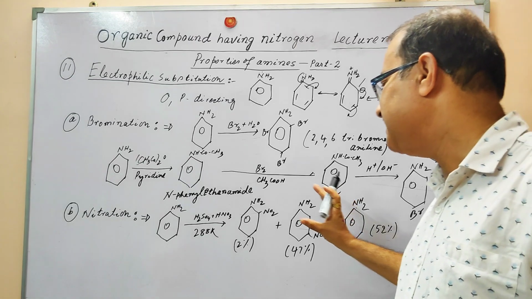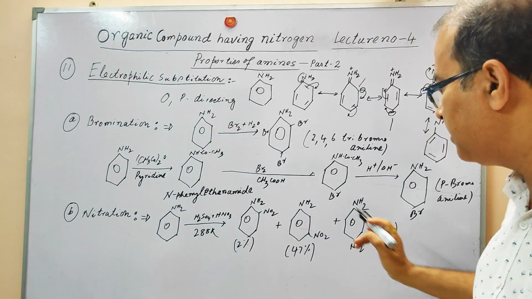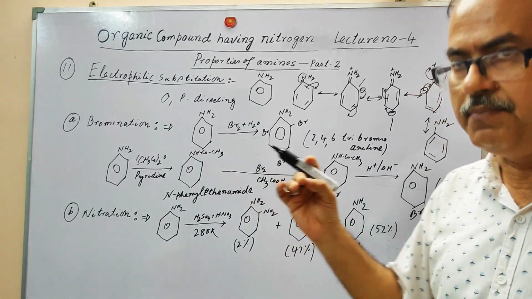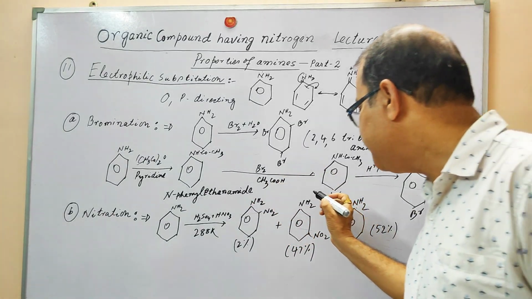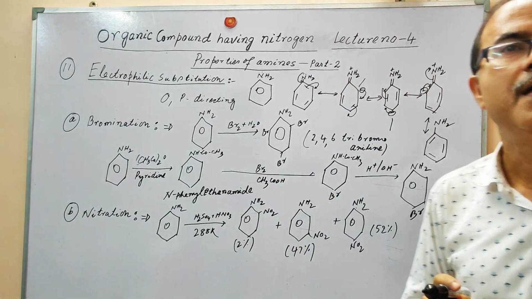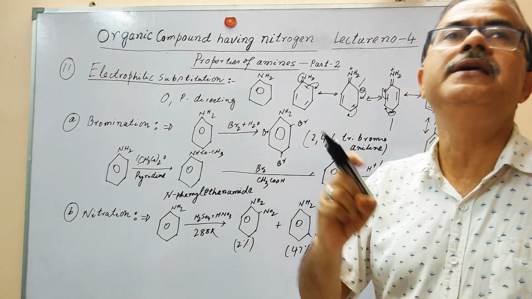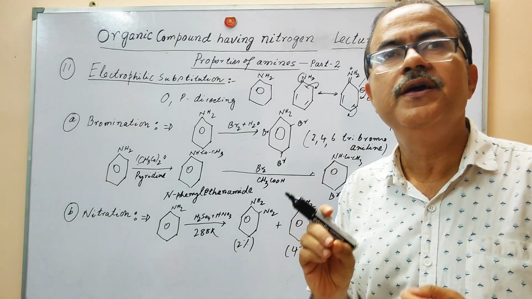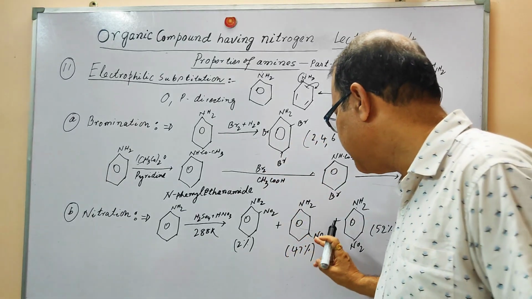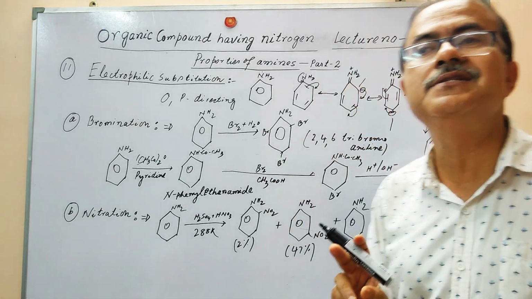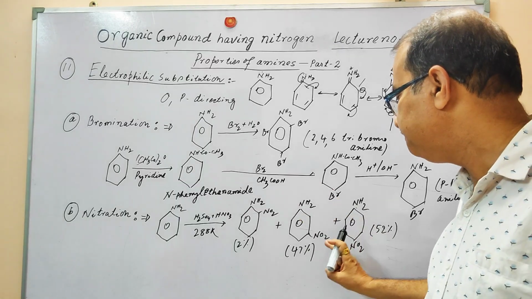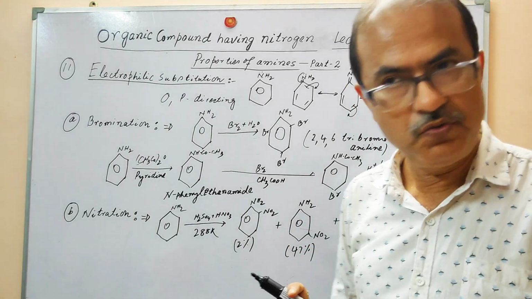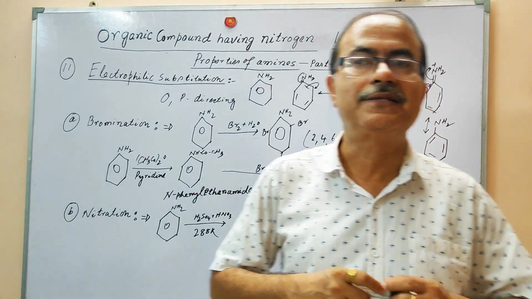Because of this, at high acid concentration the amino group is transformed into the anilinium ion. With the positive charge it becomes highly electron withdrawing, so this group is meta-directing, and at that time we observe a substantial amount of meta-nitroaniline.